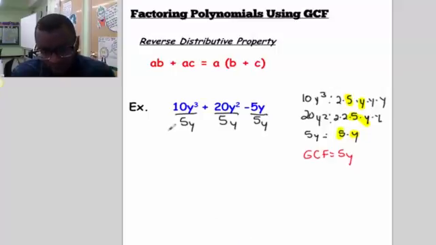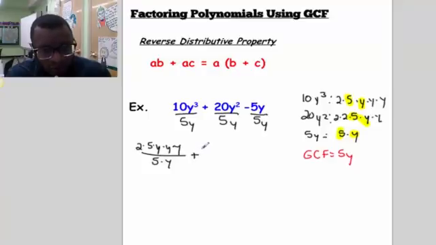I know that I have my prime factorizations already. So this is going to be 2 times 5 times y times y times y over 5 times y, plus 20y squared, which is 2 times 2 times 5 times y times y, over 5y. And then this is just 5y over 5 times y.